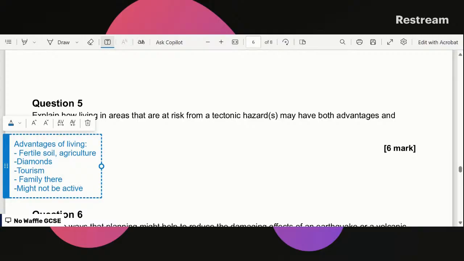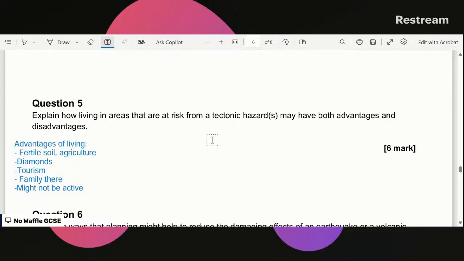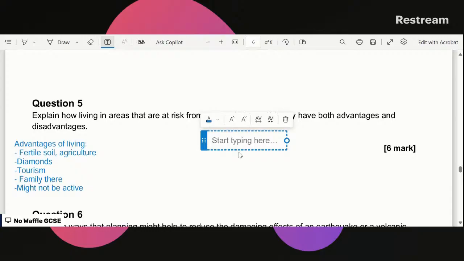For example, some parts of Italy live really close to volcanoes, but they're not active, so it's not actually a threat. Another advantage is that there might be really high technology. For example, Japan has really high technology which allows them to cope really well.